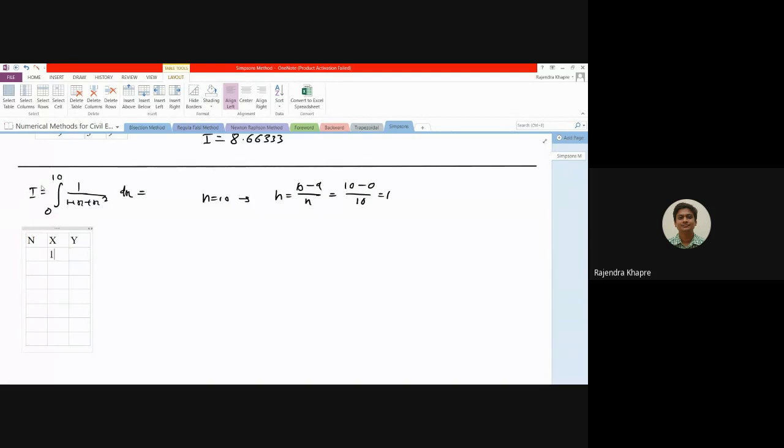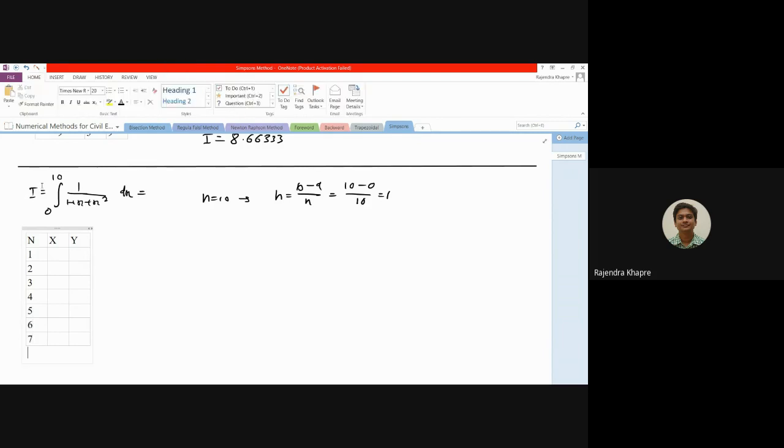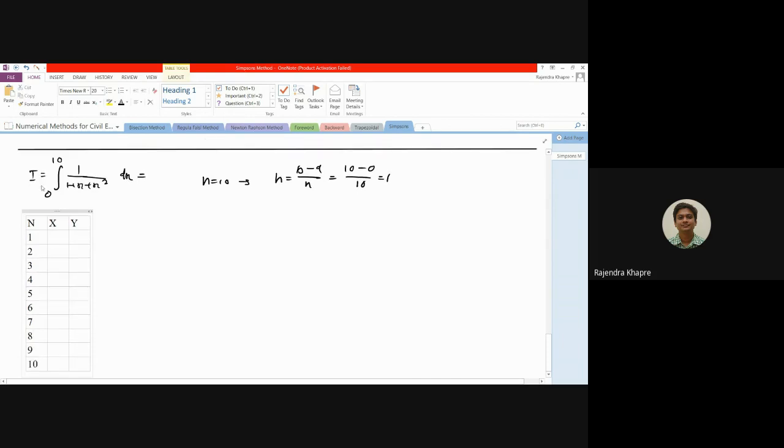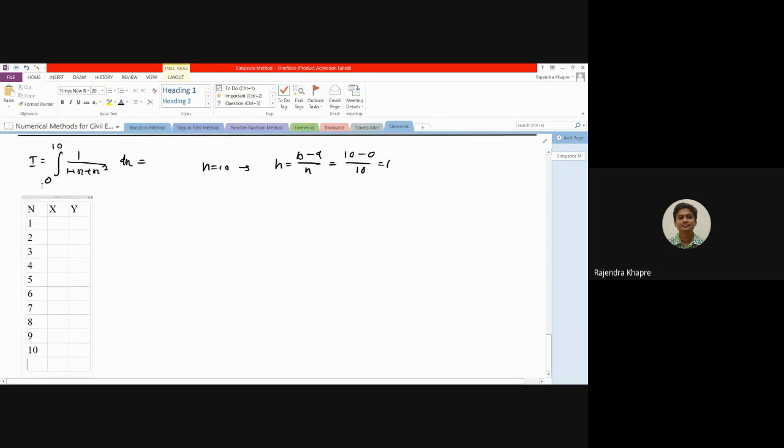So this will be 1, 2, 3, 4, 5, 6, 7, then 8, 9, 10, and then 11, because the values of x go from 0, then 1, and so on up to 10. Now I want all of you to calculate the value of y for every interval. Please do this.